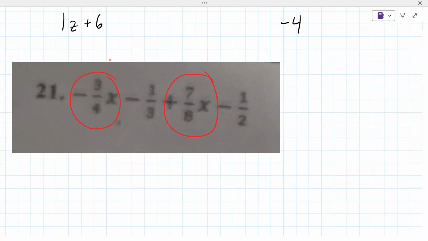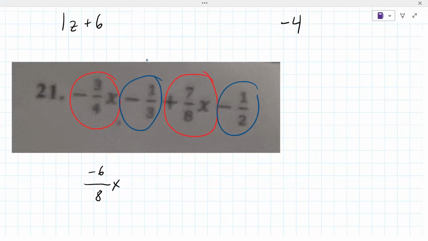Is that 1/3 again? So when you add the fractions, you have to make a common denominator. So this one is -6/8. No, I can't see, it's blurry. Oh, okay. It's -1/3 and 1/2.